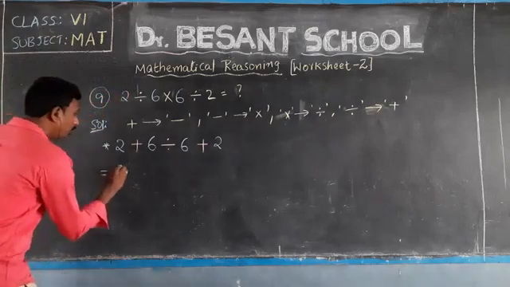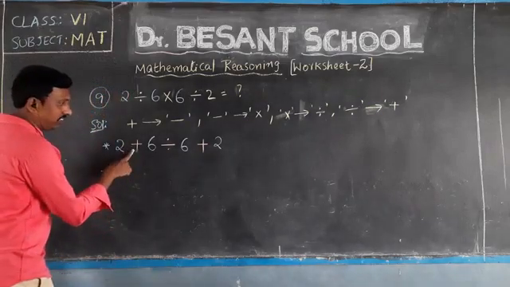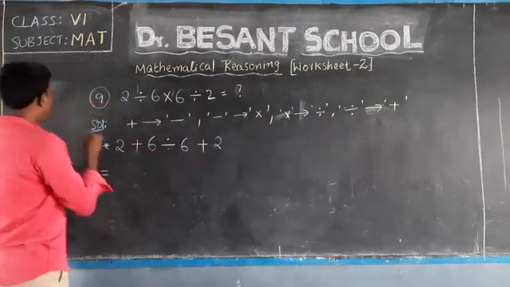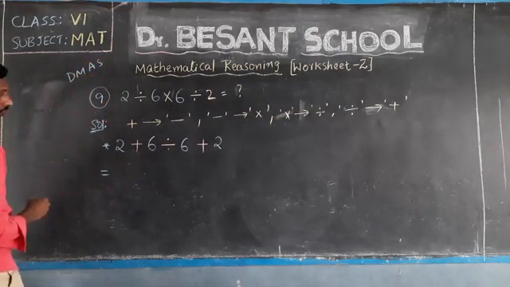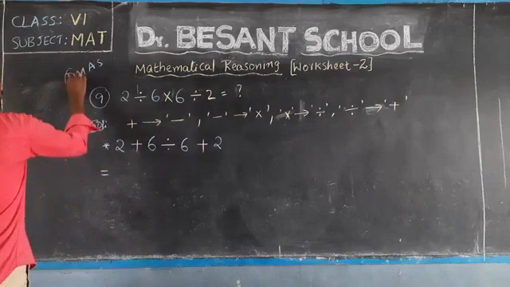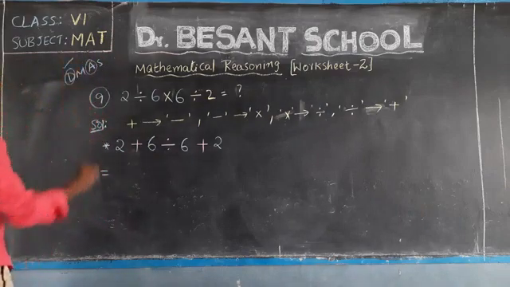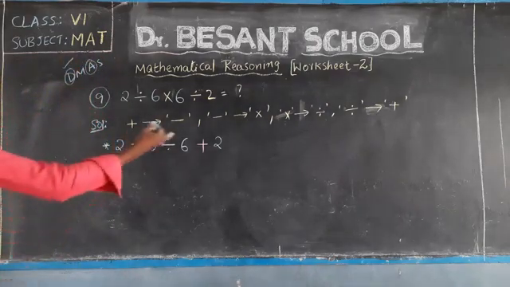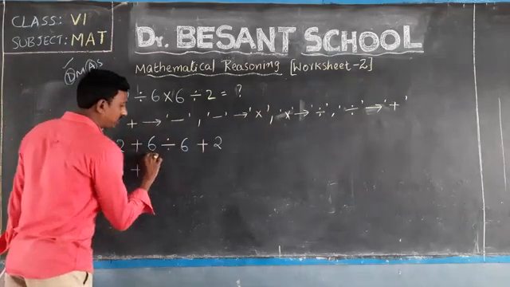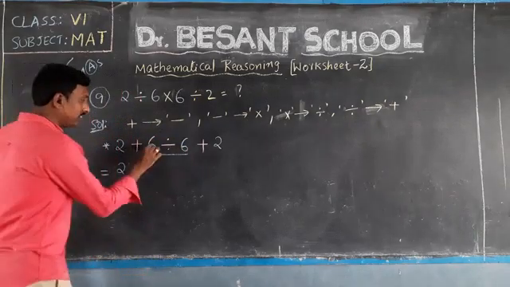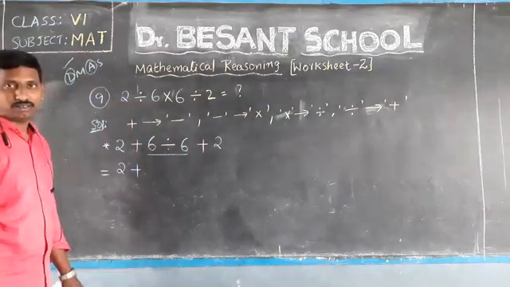Now, so 2, check out addition, division, addition. So according to DMAS rule, here you have only division and addition. So first division is to be followed, then addition is to be done. So 2 plus, this is first one you have to perform. 6 divided by 6, how much, sir?